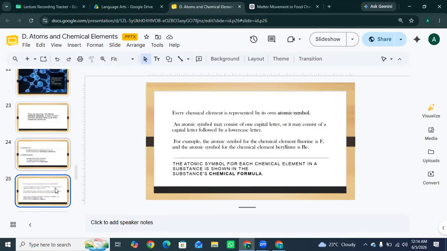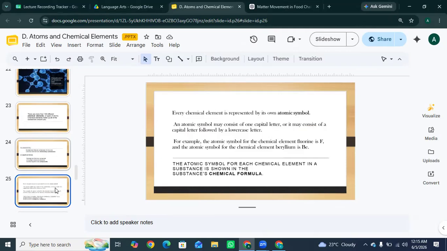Every chemical element is represented by its own atomic symbol. An atomic symbol may consist of one capital letter, or it may consist of a capital letter followed by a lowercase letter. So every element has a unique symbol. It is always either one capital letter, like fluorine, which is F, or a capital letter followed by a lowercase letter, like beryllium, which is Be.